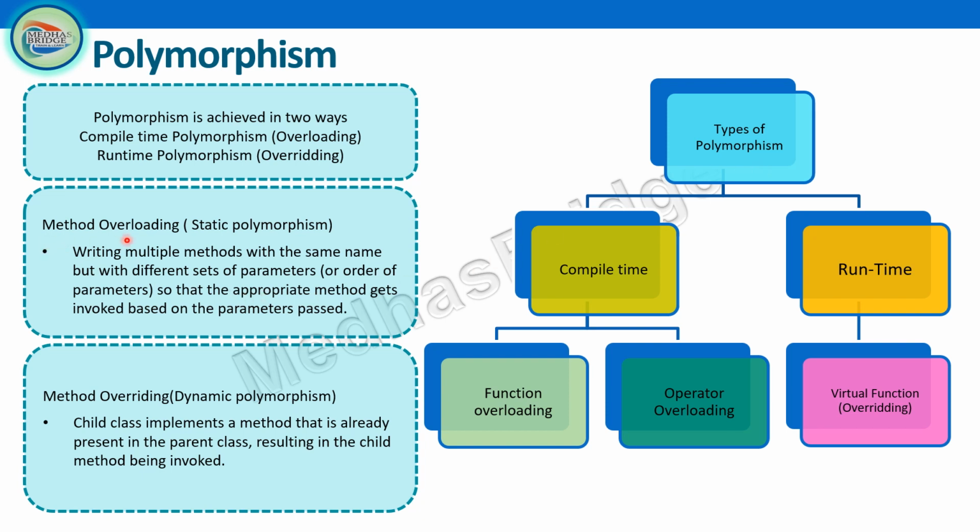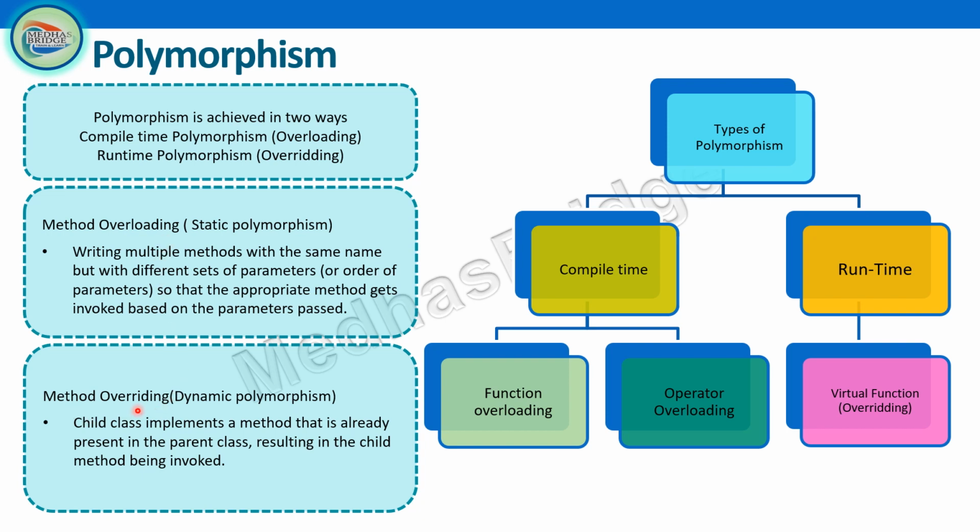Method overloading, also known as static polymorphism. Writing multiple methods with the same name but a different set of parameters, or passing order of those parameters, so that the appropriate method gets invoked based on parameters passed, is known as method overloading.